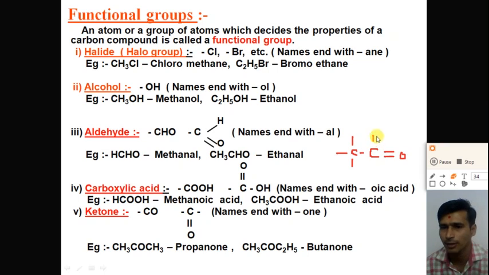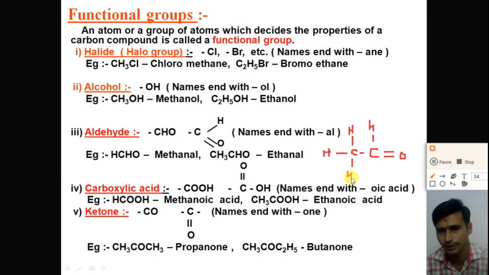So here this first carbon atom makes a covalent bond with the oxygen atom, and a single covalent bond with the hydrogen atom. So here we put a hydrogen atom. This is the functional group CHO. The other carbon atom makes single covalent bonds with three hydrogen atoms, so here we put hydrogen, hydrogen and hydrogen.